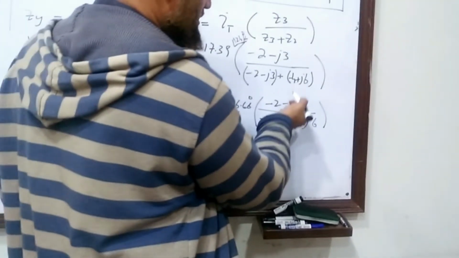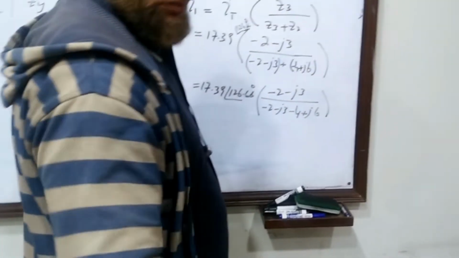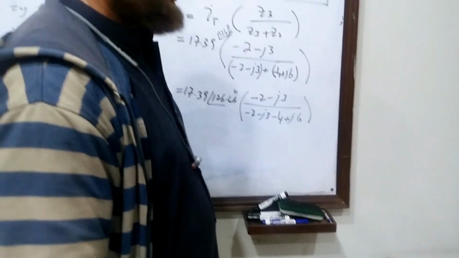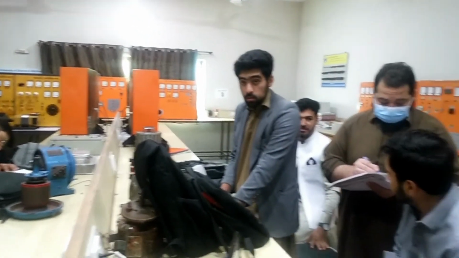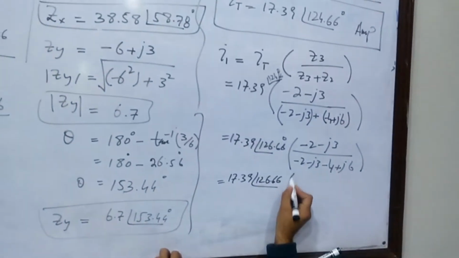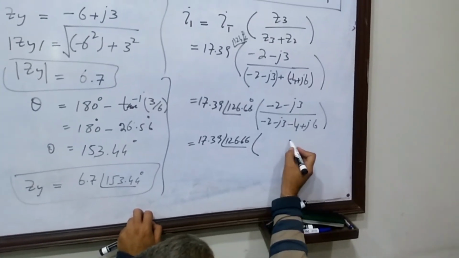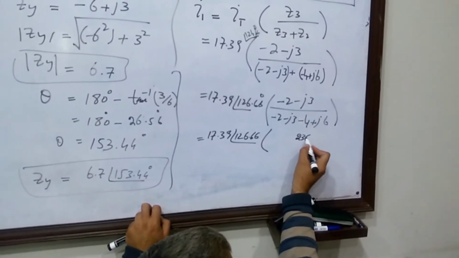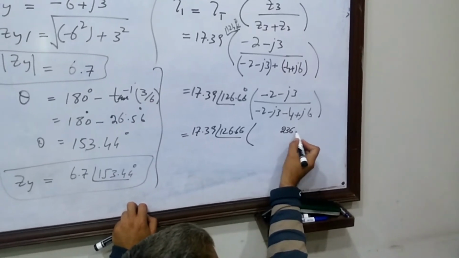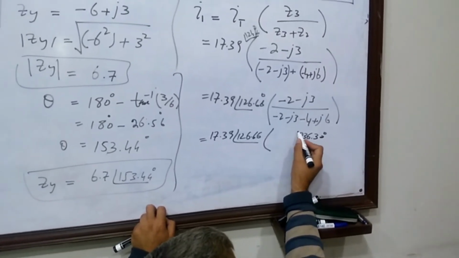Theta is tangent inverse 3 by 2. So 180 plus tangent inverse of 3 by 2 is 236.30 degrees. That is the angle.